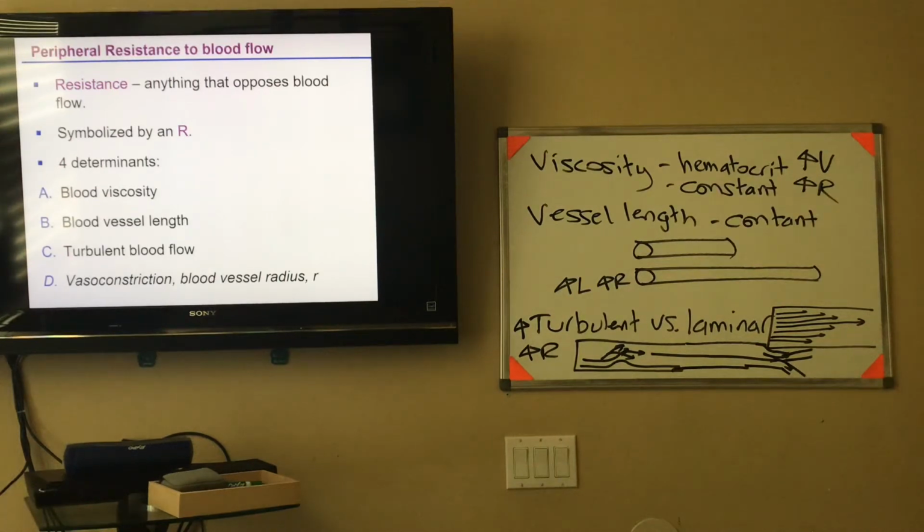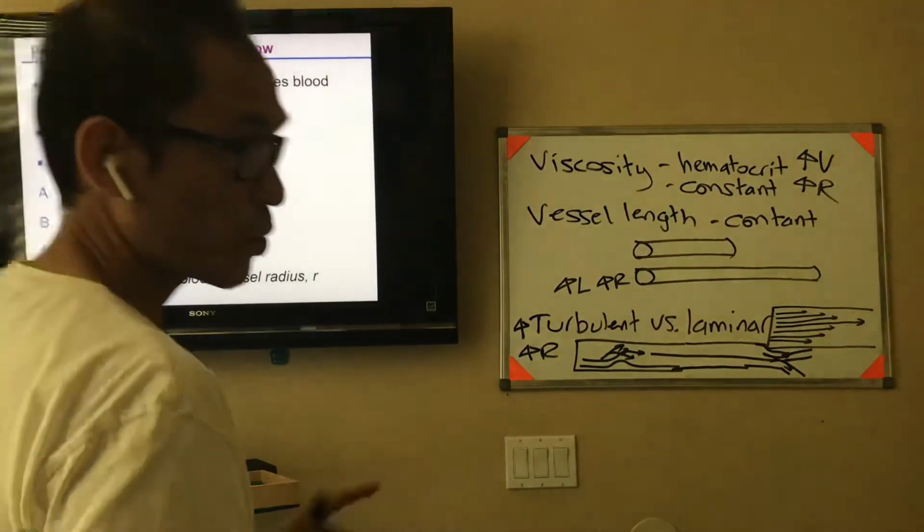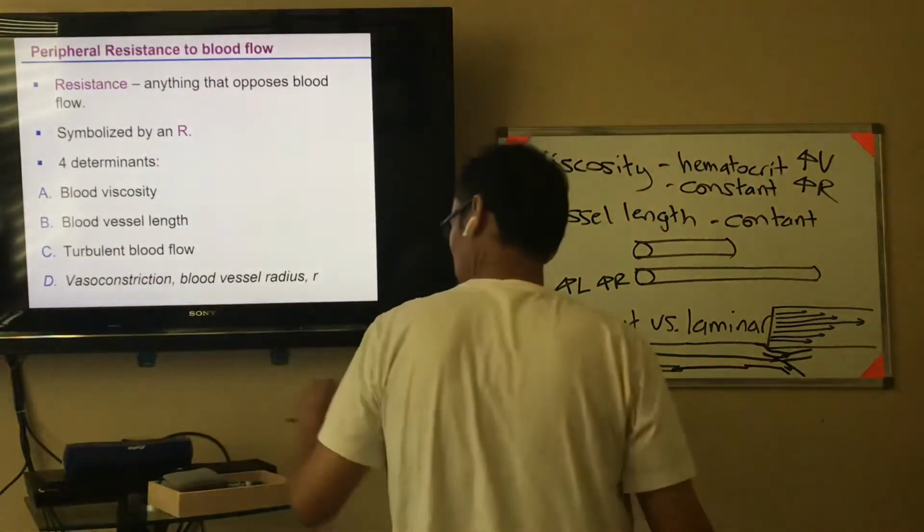However, the thing that determines peripheral resistance the most is the vasoconstriction, like I had mentioned before.